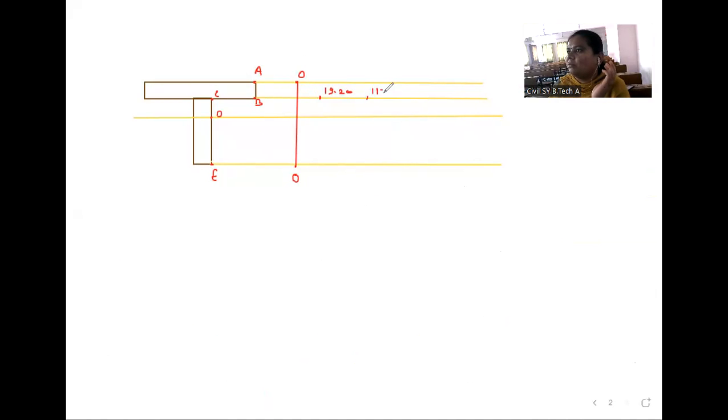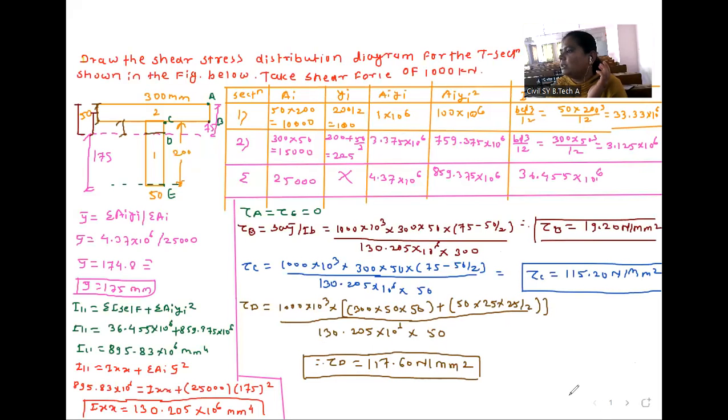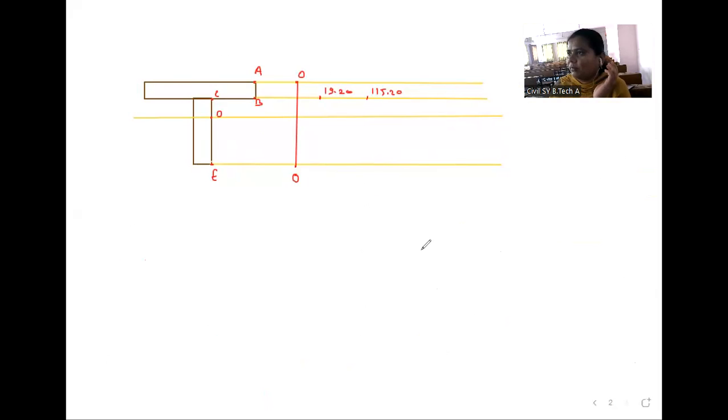So 115.20. After that, shear stress at D is 117.60. So 117.60, and shear stress at E we already have as 0. So this connection is parabolic, inclined, sorry, straight line, and this diagram will be likewise.